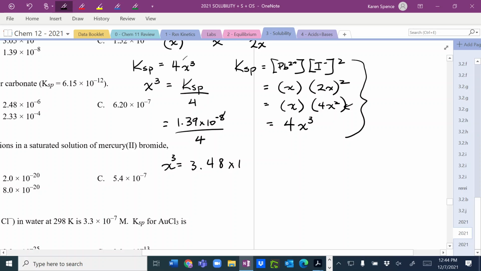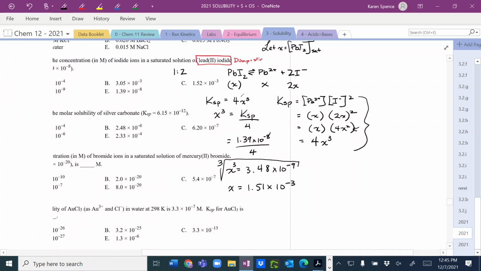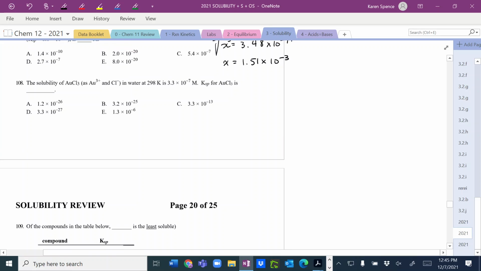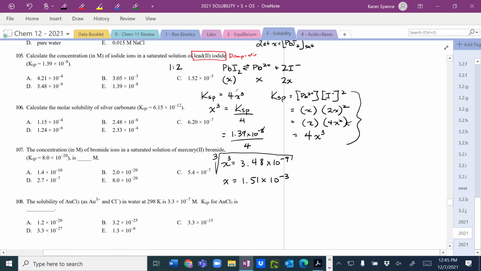.48 times 10 to the minus 9, and then x is equal to the cube root of that. 1.51 times 10 to the minus 3. Okay, so that's x.